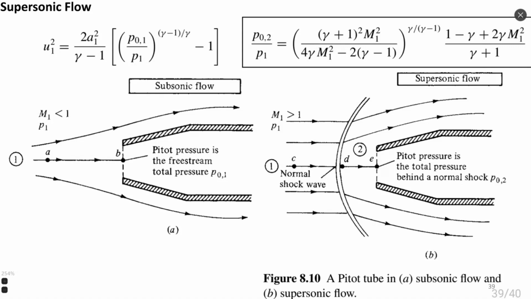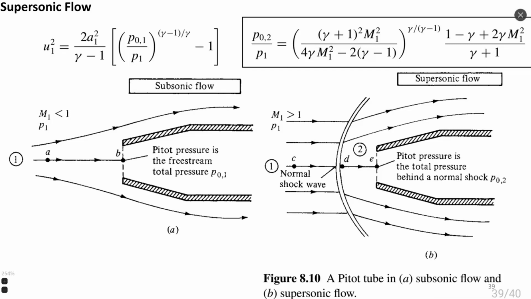Exactly where those points are located, we will talk about further when we discuss transonic flows. But now we have to understand that this pitot tube is very useful, and we need to understand how flow velocity can be calculated using this tube.